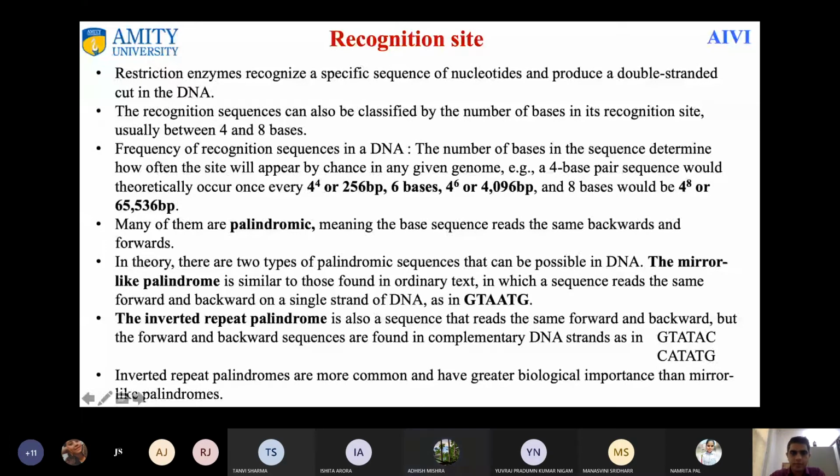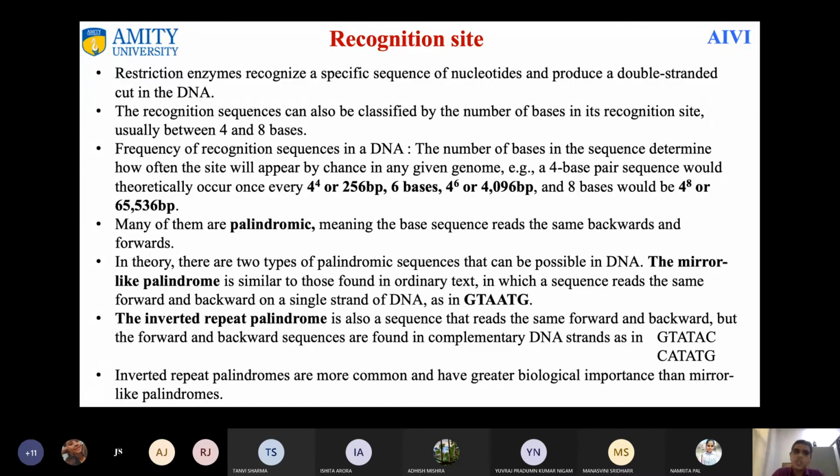Sir, can you please explain the second and third point once again? Okay, so the main thing here is that when we are talking about these enzymes, we are talking about restriction endonuclease. They are producing a cut at a specific location.